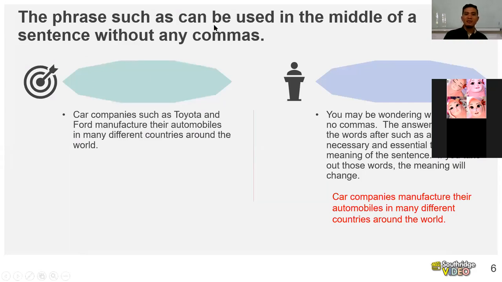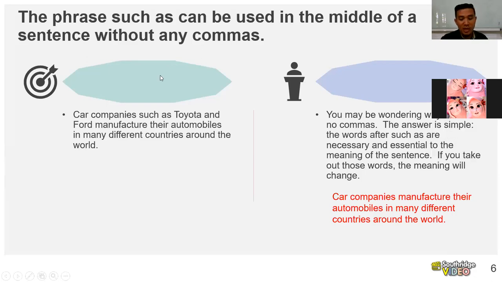The phrase "such as" can be used in the middle of a sentence without any commas. Car companies such as Toyota and Ford manufacture their automobiles in many different countries around the world. So we don't need a comma here, because the detail or item is essential, and when you drop it, it will change the meaning.